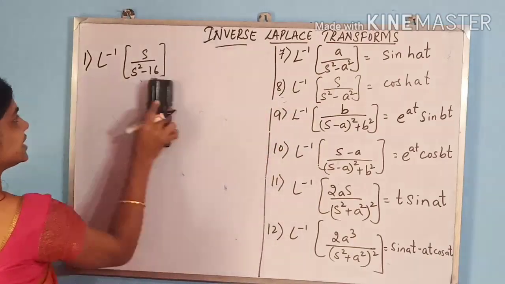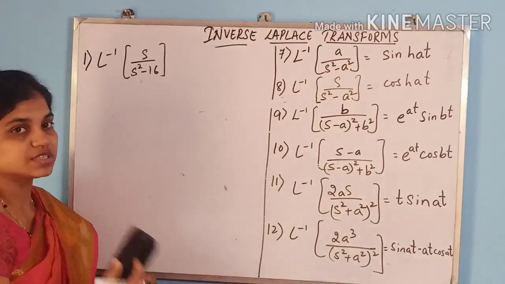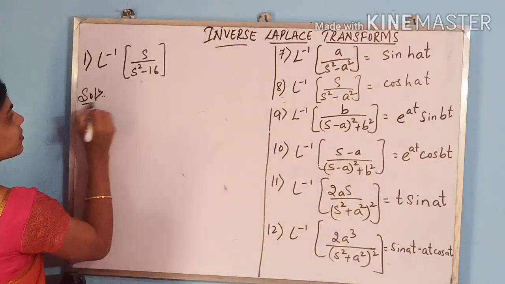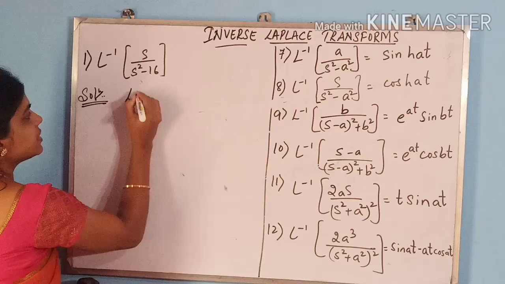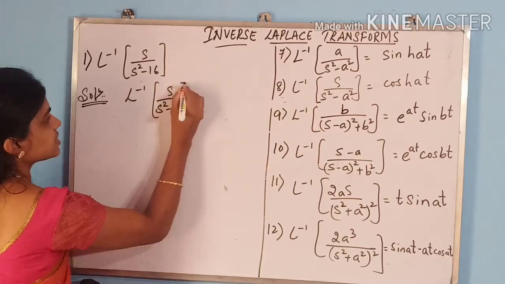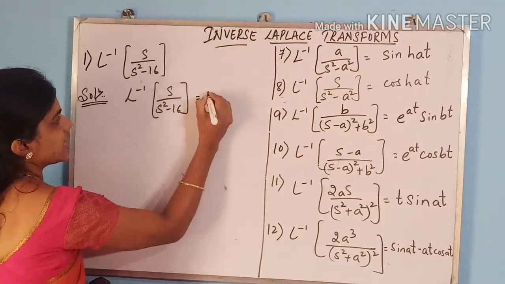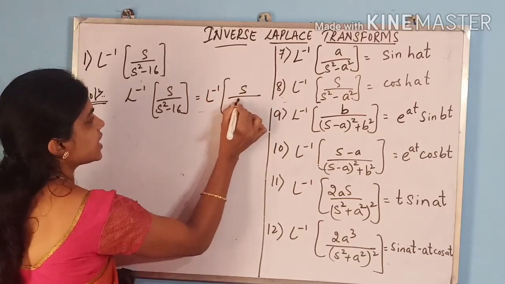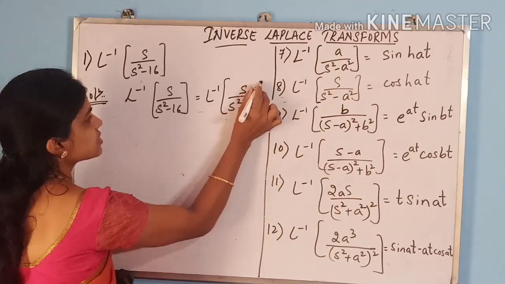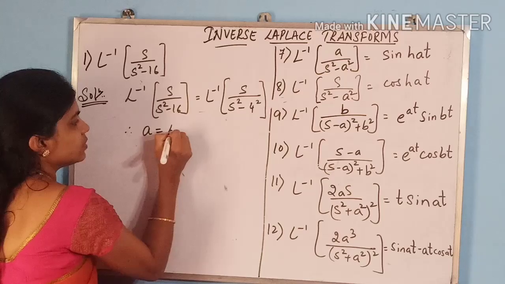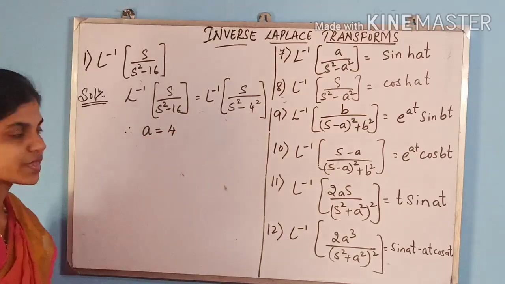The way you are going to represent it in the exam is: Solution. Laplace inverse of s upon s square minus 16 can be written as Laplace inverse of s upon s square minus 4 square. So therefore a is equal to 4, right?